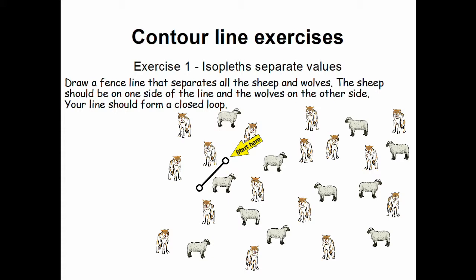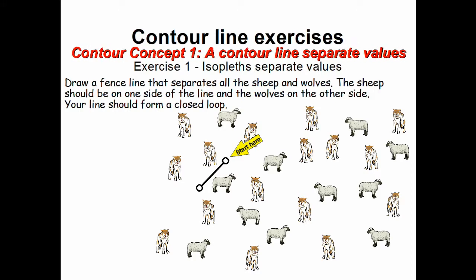There are several solutions to this problem, and I'm giving you a little fence line here. Start here and see if we cannot complete the loop coming in the other end and fulfill these qualifications. Remember, for this first exercise, what you should learn is that the contour line separates values. In this case, our values are sheep and wolves.